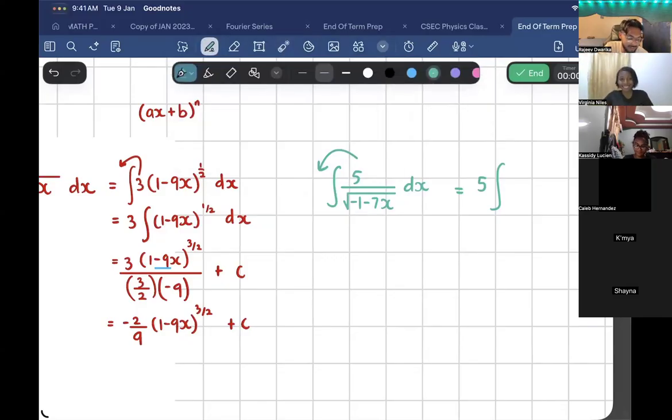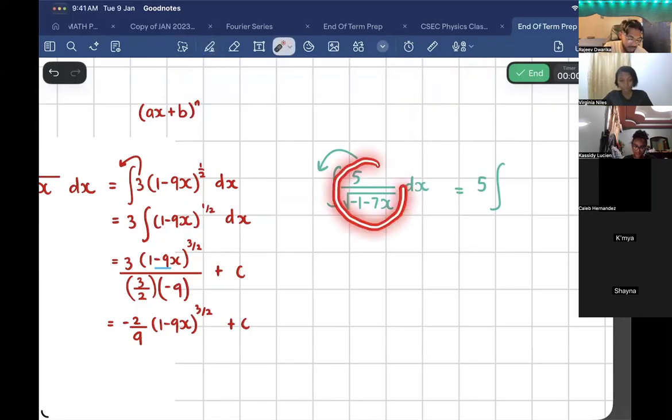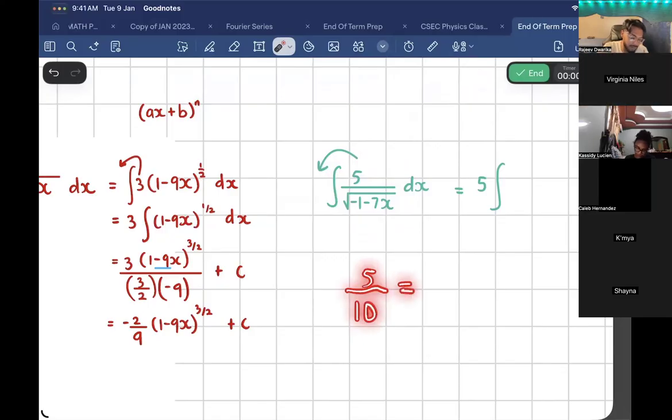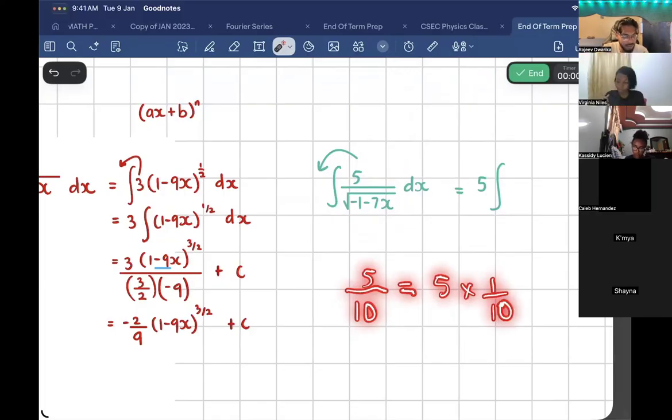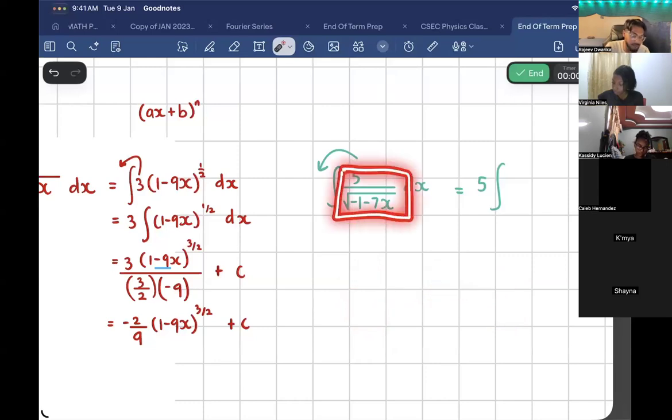We'll see about that. So, Kamaya, you could think of this like, okay, let me go back to SCA. Say we had 5/10, right? And I could say that's just 5 by 1/10, or not? Yes, sir. You okay with that? So this function over here could be written as what?